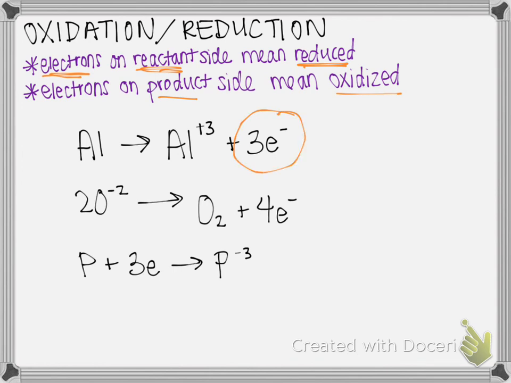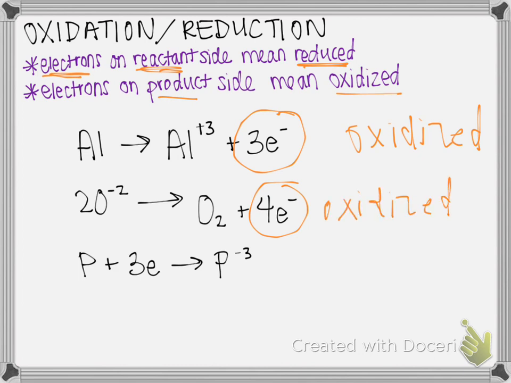If they're a product, they're oxidized. Second example, your electrons are on the product side, that means it is oxidized. And third example, your electrons are on your reactant side, meaning they're on the left-hand side of the arrow. Reactant means reduced.